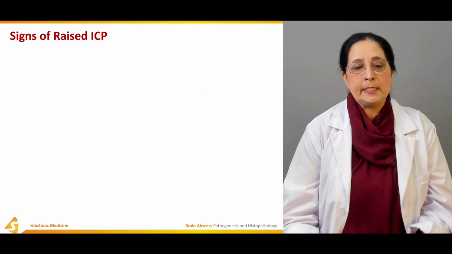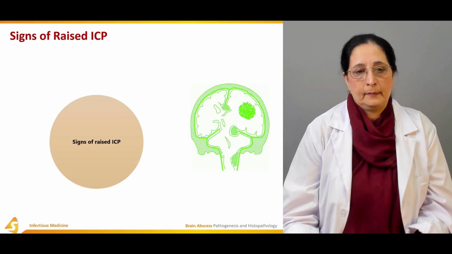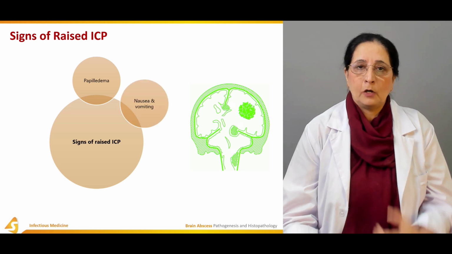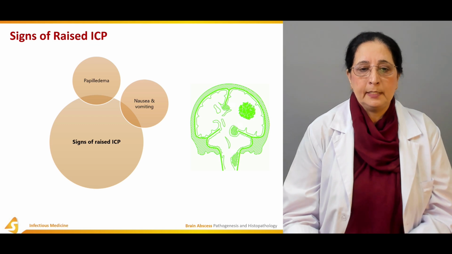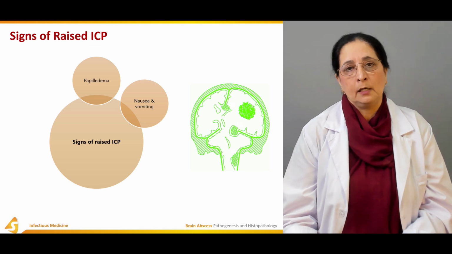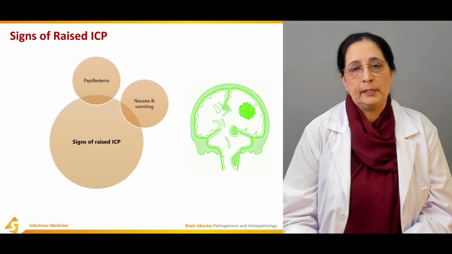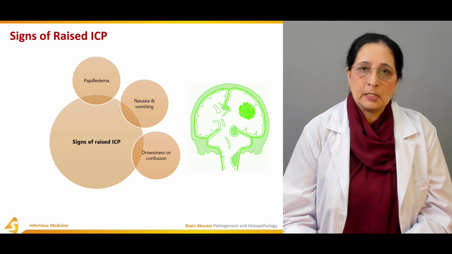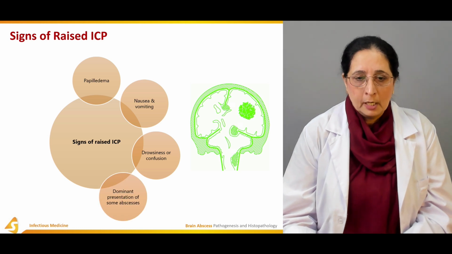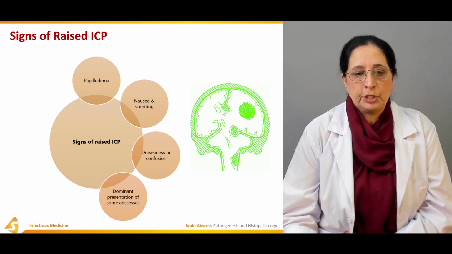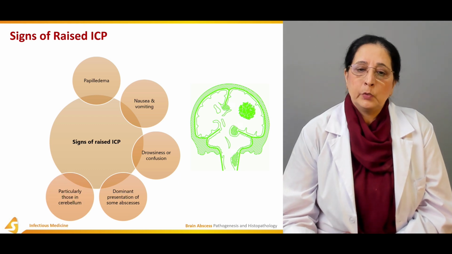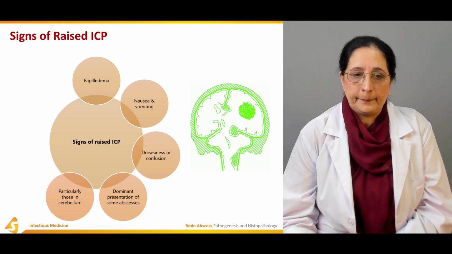Signs of raised intracranial pressure: we have papilledema on ophthalmoscopy, nausea and vomiting. All these are associated with increased intracranial pressure, as are drowsiness or confusion, a dominant presentation of some abscesses, particularly those in the cerebellum.